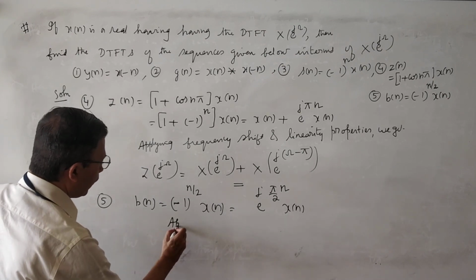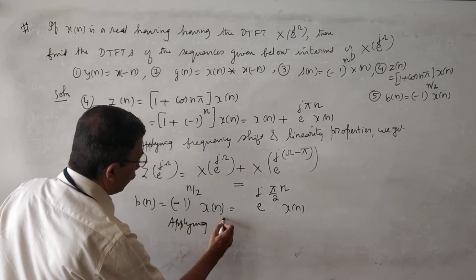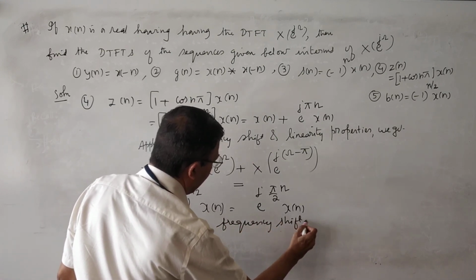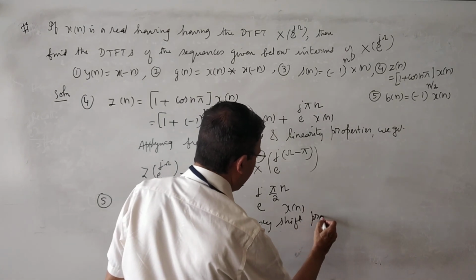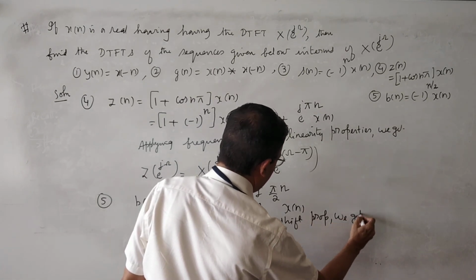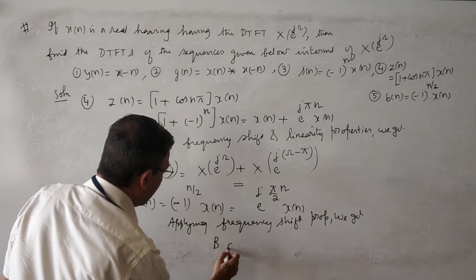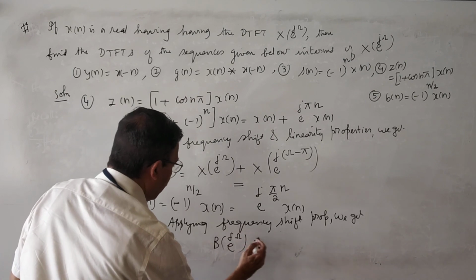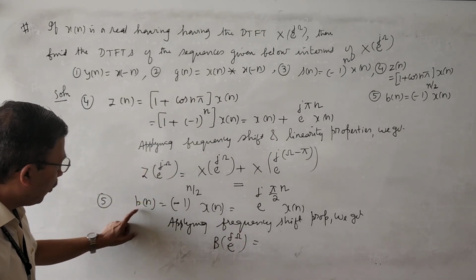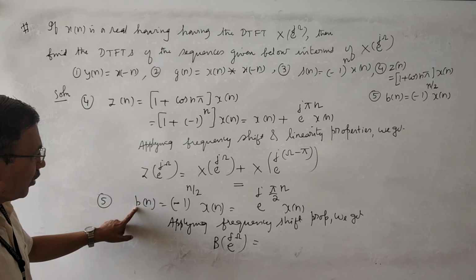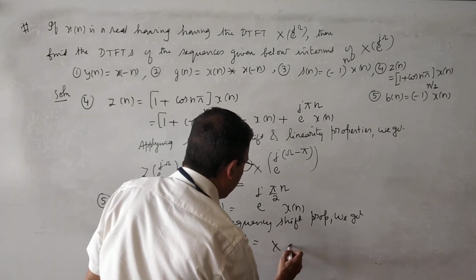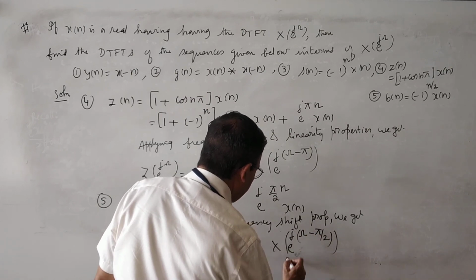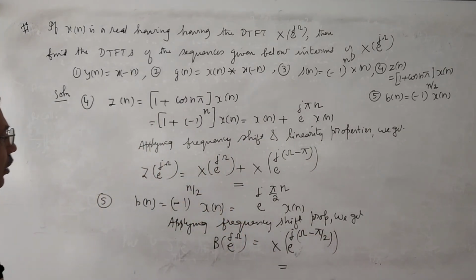Again applying the frequency shift property, we get B of e power j omega equals X of e to the power j omega minus pi by 2. When you take the DTFT, you should always write a capital letter. When you write a time domain signal, you should write a lowercase letter. So this is the end of the solution.